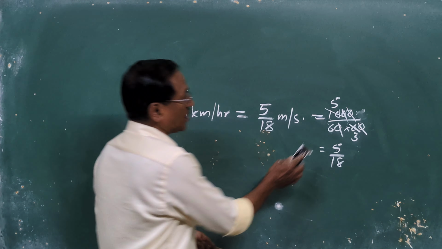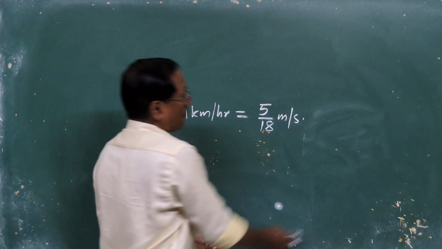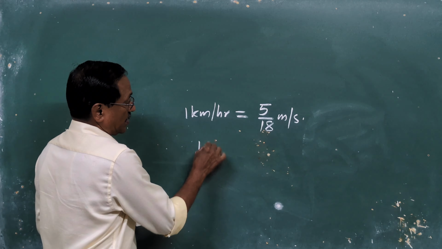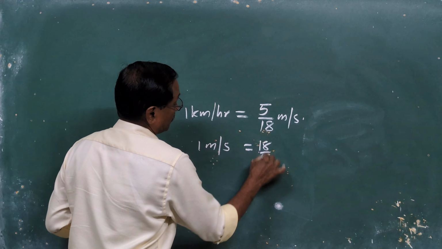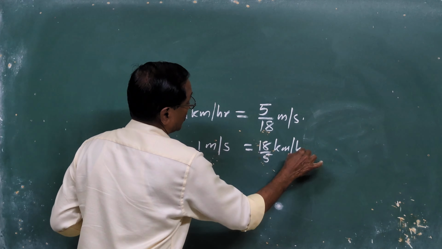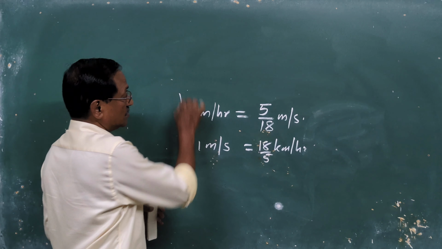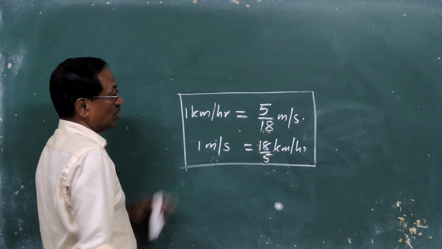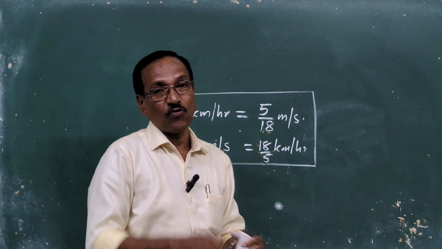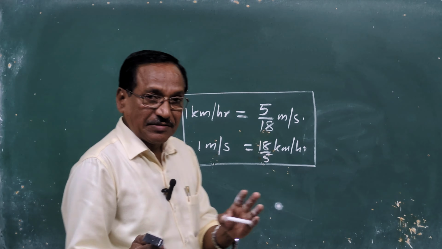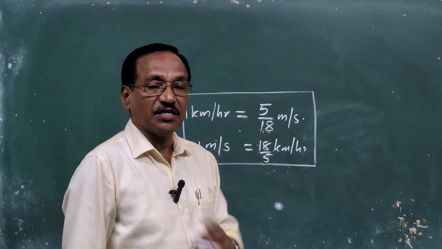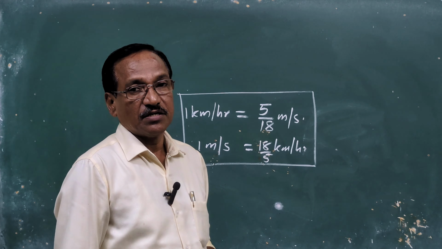So 1 kilometer per hour is equal to 5 by 18 meter per second, and 1 meter per second is equal to 18 by 5 kilometer per hour. This is the rule to convert from kilometer per hour to meter per second and vice versa. This is the main theoretical background behind the questions involving speed.